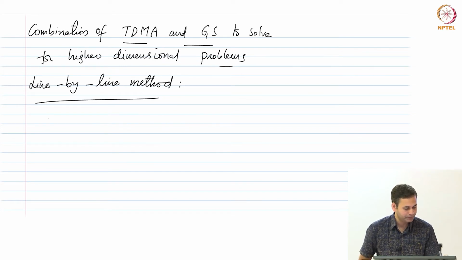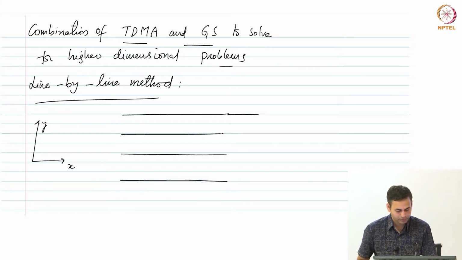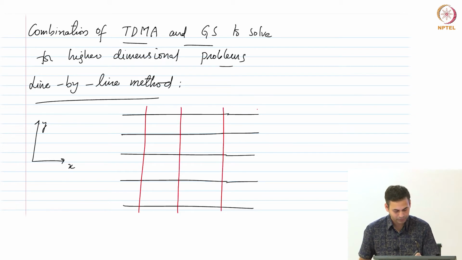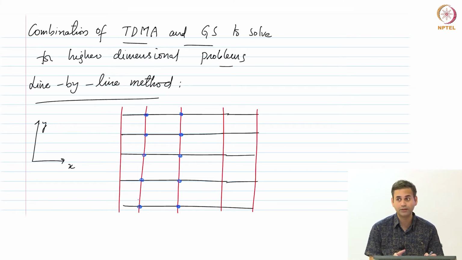So essentially, okay, this is my x axis and this is my y axis, and then we have some grid lines here, okay, and then we have some grid lines in the vertical direction as well. Okay, so we have some mesh here. Now, these cell centroids that we have here, these are all the cell centroids. Okay, we are looking at the cell centroids is where these junctions are, fine.